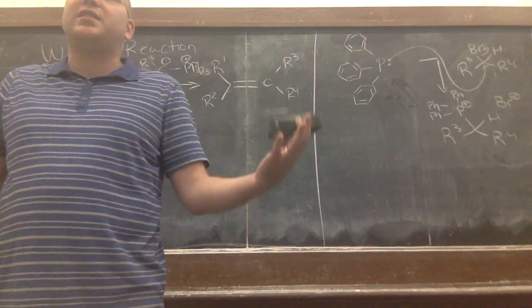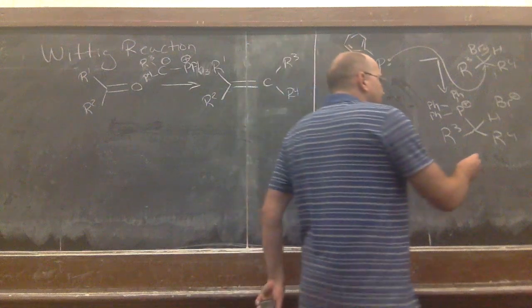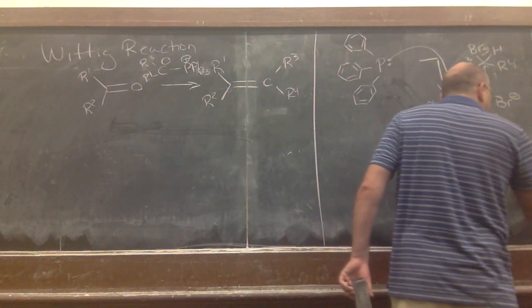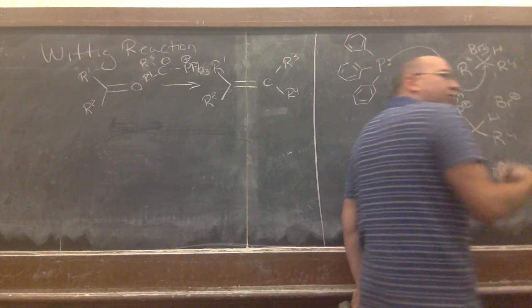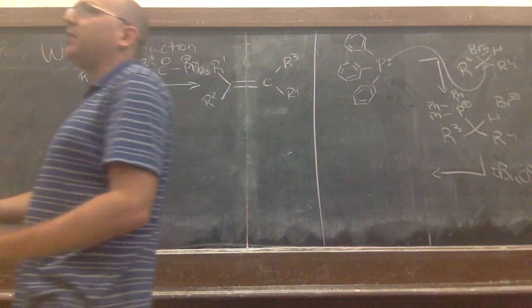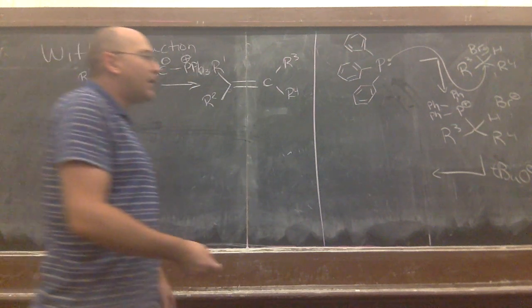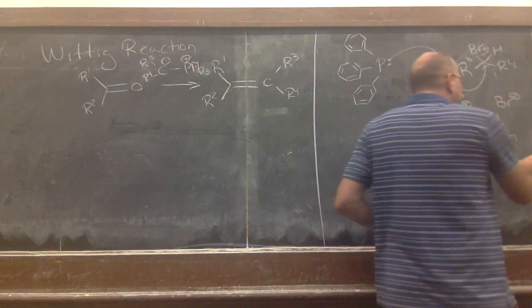There are numerous bases that people will use for this. I forget what the book says, but the base I'm used to using, which worked pretty well for me when I used to run this, was potassium t-butoxide. It's strong, it's bulky, it's able to deprotonate this, and it doesn't necessarily do anything bad. What that's going to do is deprotonate the hydrogen here, right?